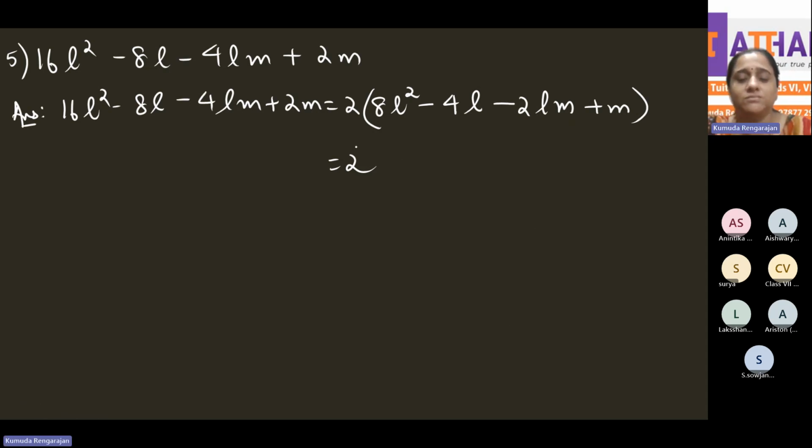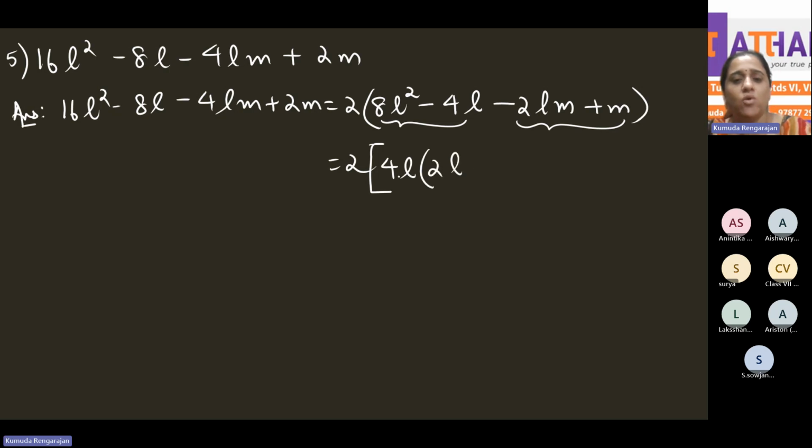Now group the first 2 terms and the last 2 terms, but use a square bracket now. What's the HCF of 8L square and minus 4L? 4L. Open bracket. 4L into 2L is 8L square. Minus 1. You know the idea now. Then write the sign that follows the second term, minus. M is common between the third and the fourth terms.